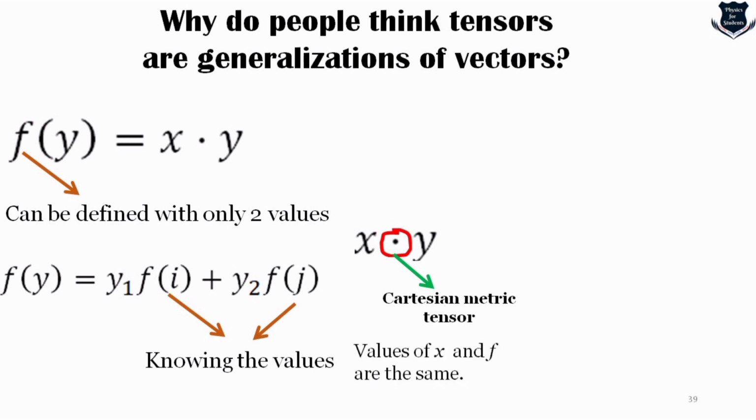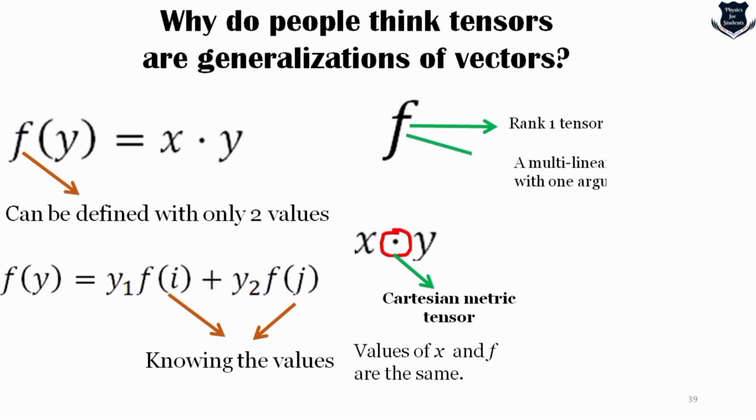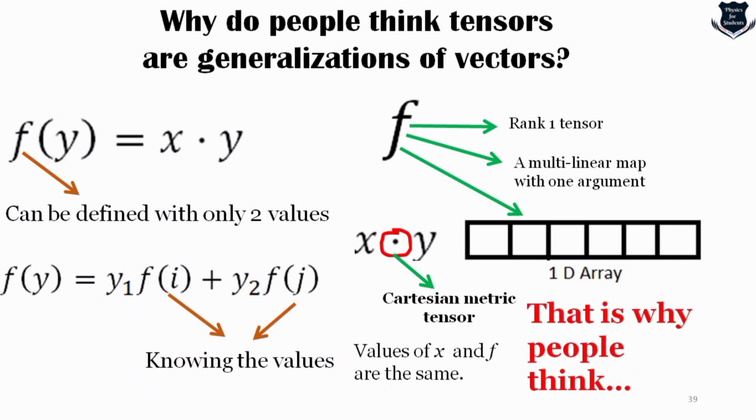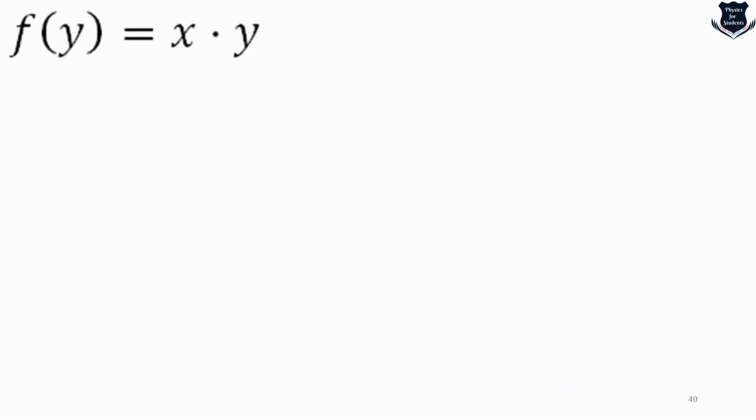So if it is a Cartesian metric, the values are the same. And that is the reason you take f and call it a rank 1 tensor, a multilinear map with one index and a one-dimensional array. So this actually causes the entire confusion. That is why people think that tensors are a generalization of vectors.